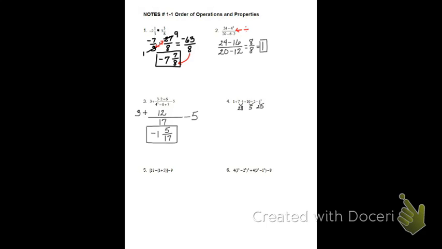So now I can add the things that are just added and subtracted. 1 plus 28 plus 5 minus 25. So then just moving from left to right, this would be 29 plus 5 minus 25. This is 34 minus 25, which leaves you with 9.